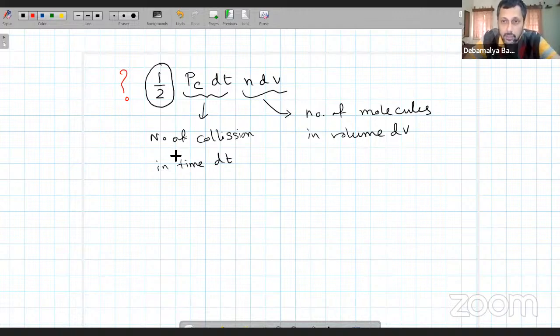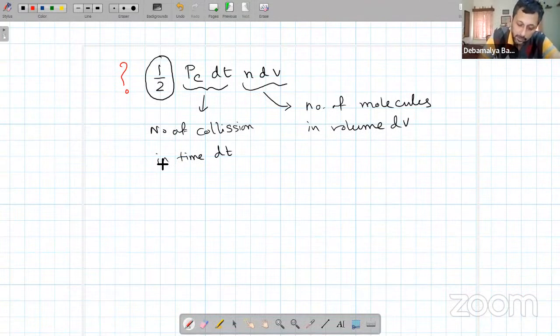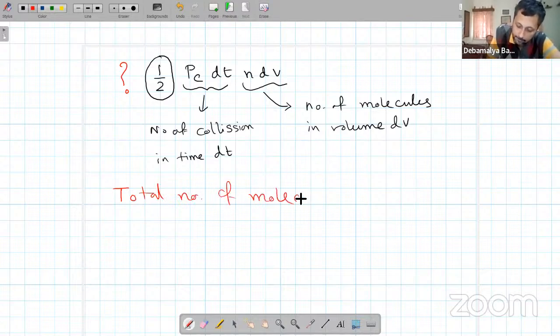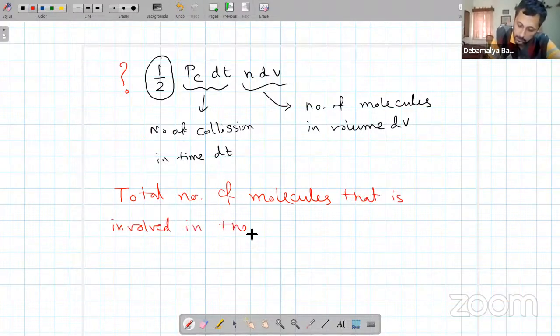Actually, that's where the answer is, because we are interested in the total number of molecules involved in the process.